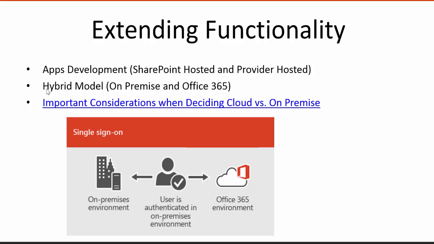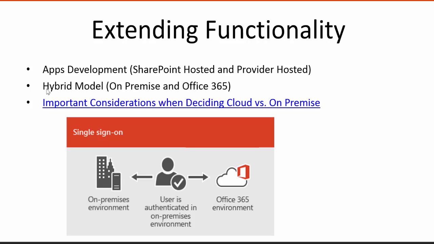Coming here, an important topic actually. What if you would like to extend the functionality of Office 365? There are some points here. The first thing is apps development. If you would like to develop your own app, there are two ways to do that: SharePoint hosted and provider hosted. SharePoint hosted means that you don't need any third-party servers. You just need JavaScript skills, or to hire someone who has them, and you can build apps and publish them over your Office 365 and your SharePoint Online.